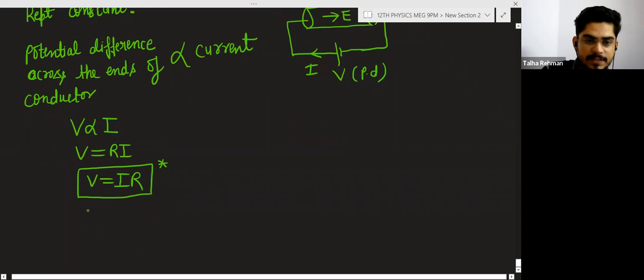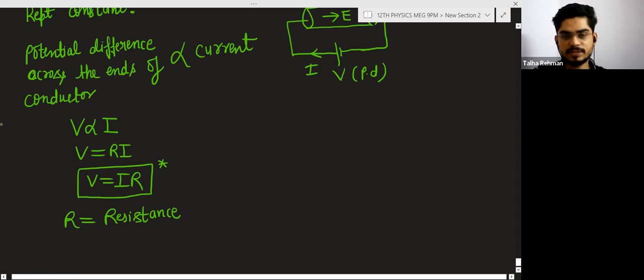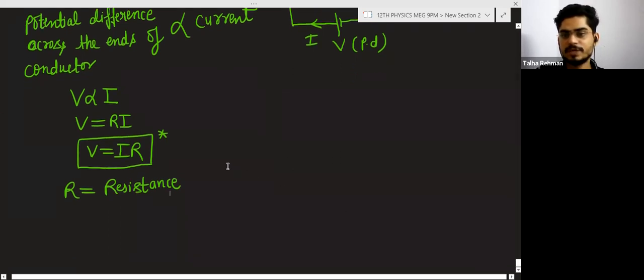And R is the constant, the resistance of the conductor, or you can say the wire you have taken.